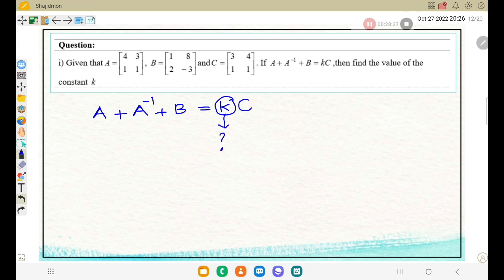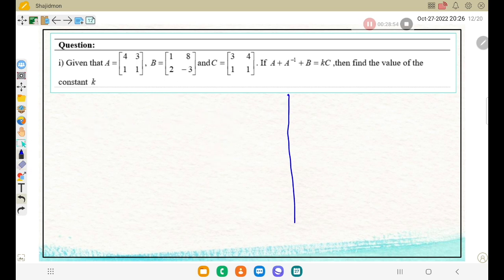This is the question. Okay, matrix A is given, and we need to calculate A inverse, the inverse of matrix A, correct? Then A plus A inverse plus B matrix equal to K times C matrix. What will be the K value? This is what we need to do. So first we are going to calculate A inverse. For that, first we need to calculate the determinant of A, correct?